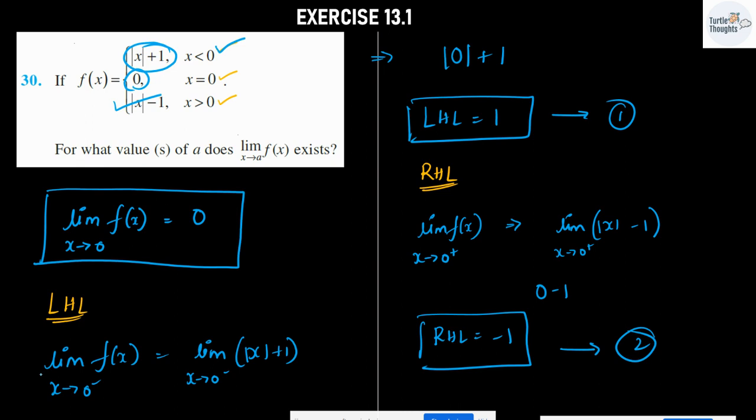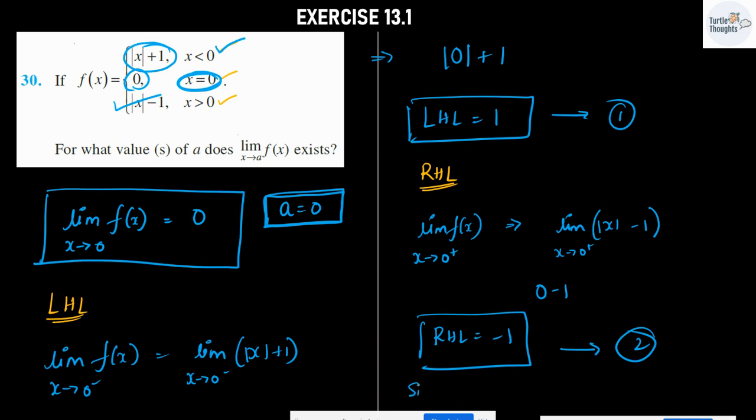This is when I take the value of a equal to 0. This is the first case. When the value of a is taken as 0, I have considered this case. Since RHL is not equal to LHL, the limit of f of x as x tends to 0 does not exist.